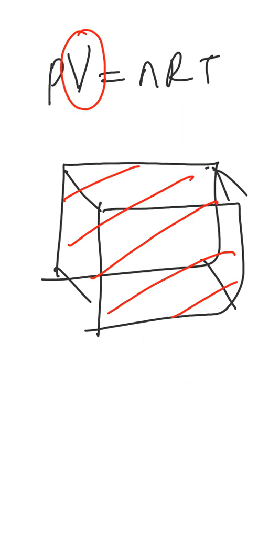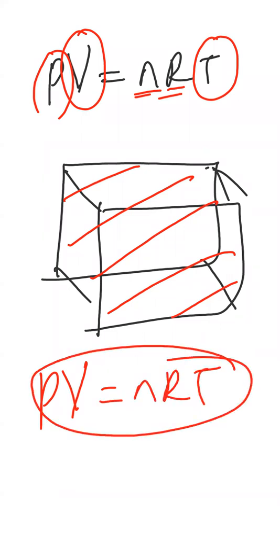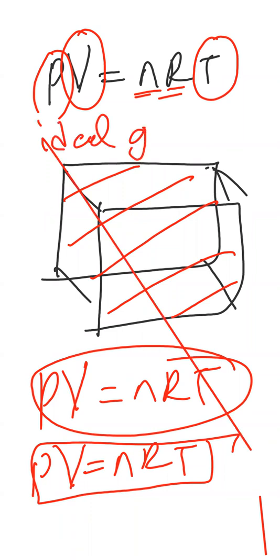Temperature is the temperature of the gas. n is the number of moles of the gas inside the container, and R is the universal gas constant. The pressure, volume, and temperature of the gas are not independent, but interrelated with each other. PV equals nRT, the very famous ideal gas equation.